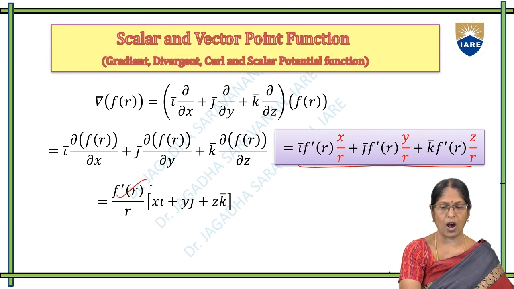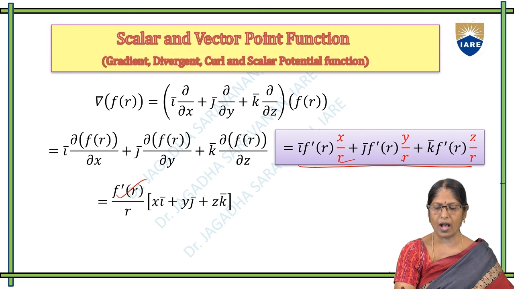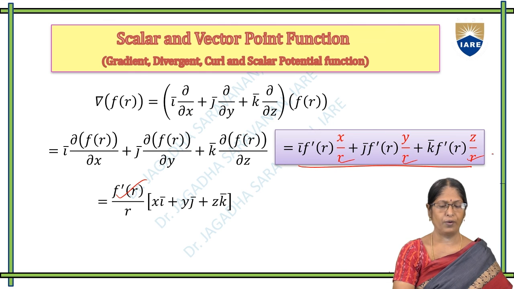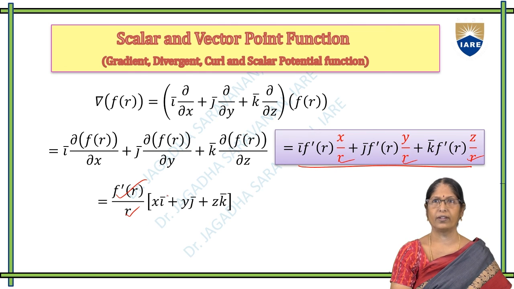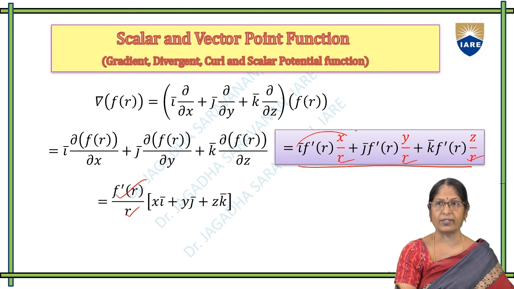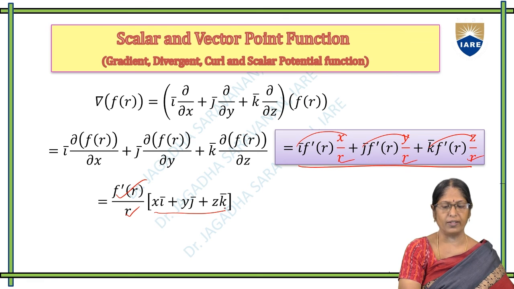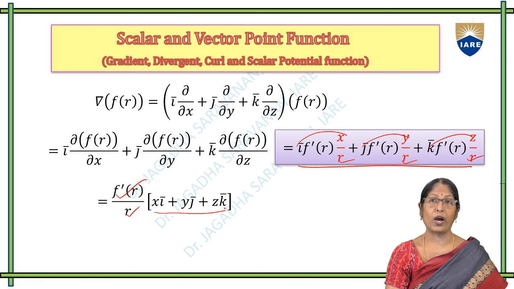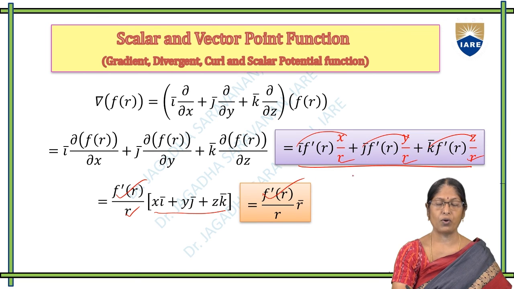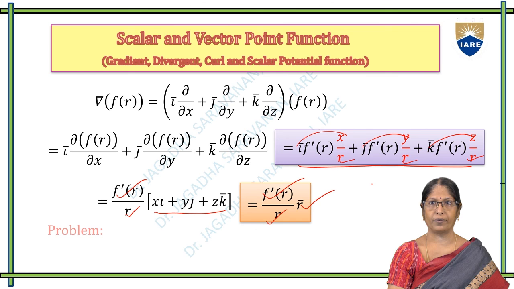So we have taken it outside, even this 1/r is also common, we have taken outside. The leftover is xi, yj and zk, that we kept inside. xi plus yj plus zk is nothing but r vector. So f'(r) divided by r into r vector, we proved it.